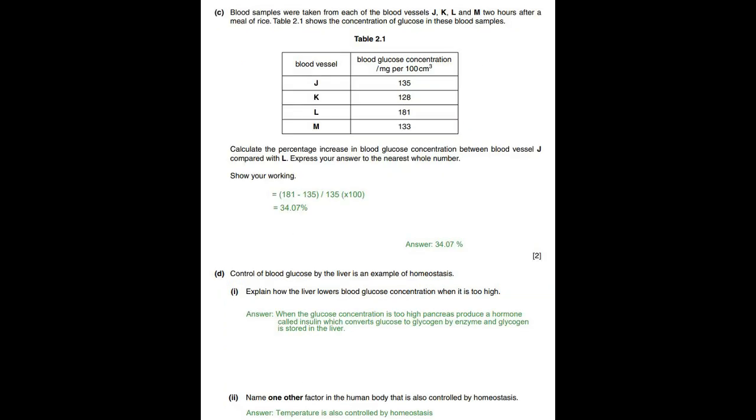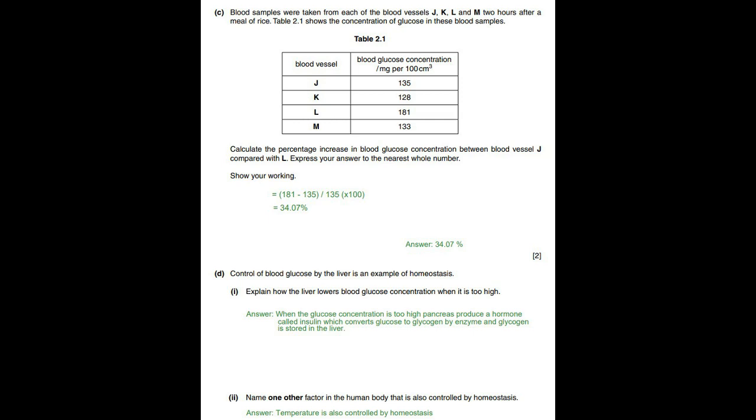Blood samples were taken from each of the blood vessels J, K, L and M 2 hours after a meal of rice. Table 2.1 shows the concentration of glucose in these blood samples.